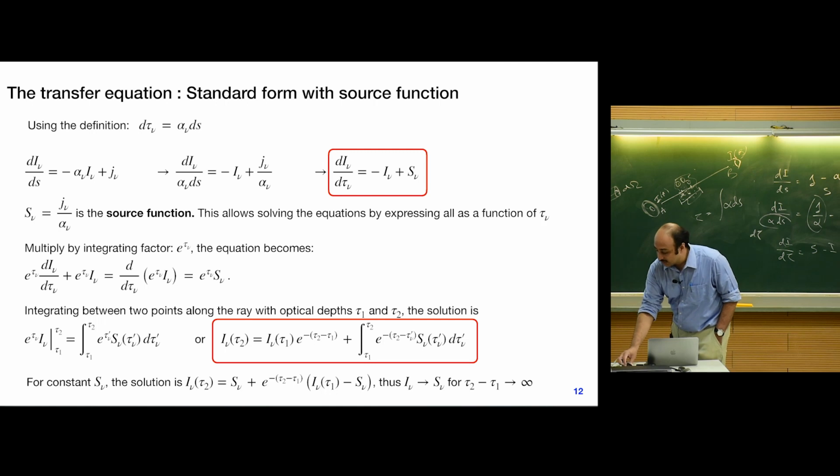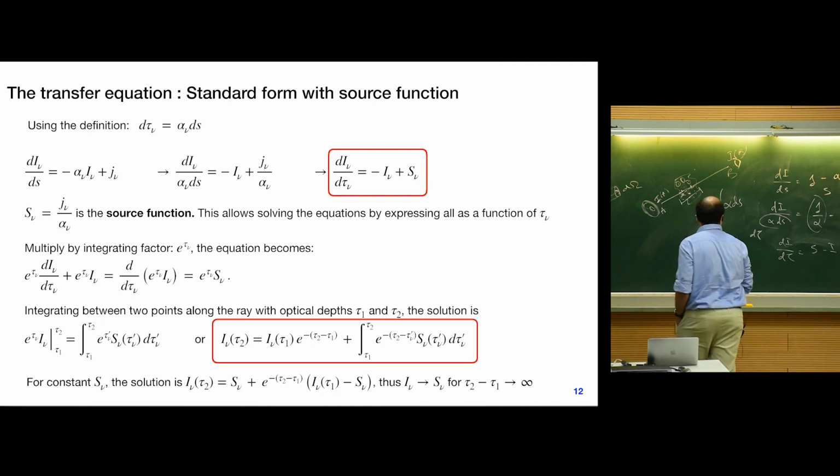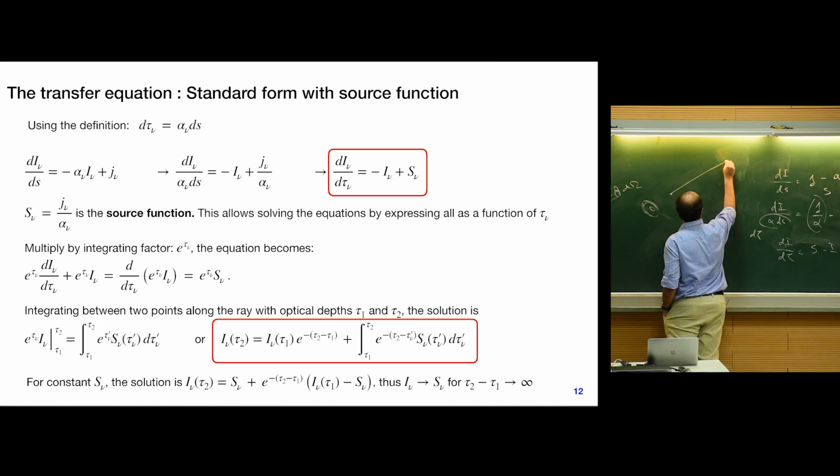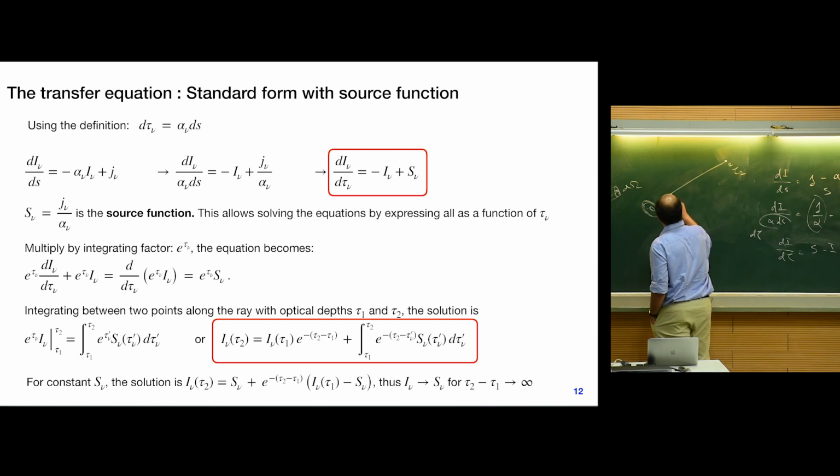Now, let us note the limits of what is happening here. What I'm doing is going from point 1 to point 2. The optical depth at point 1 is tau 1. The optical depth at point 2 is tau 2.